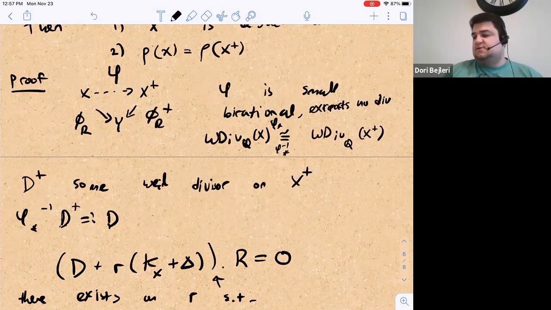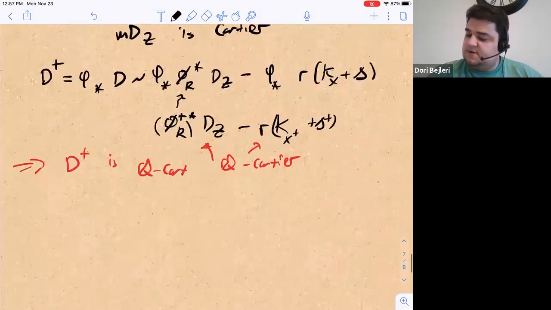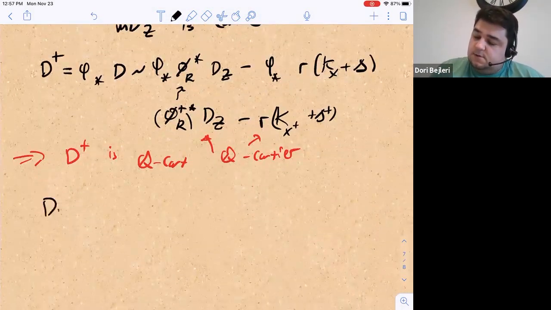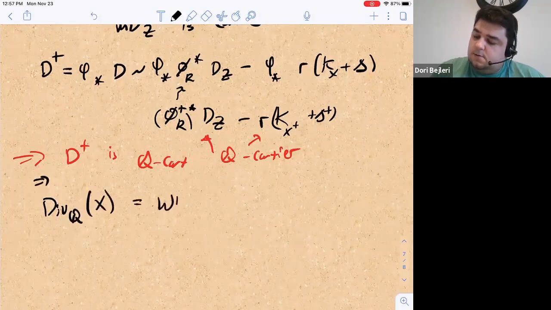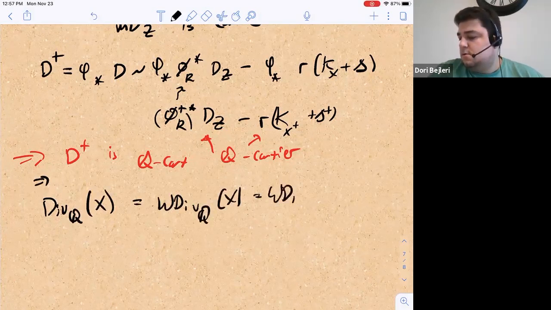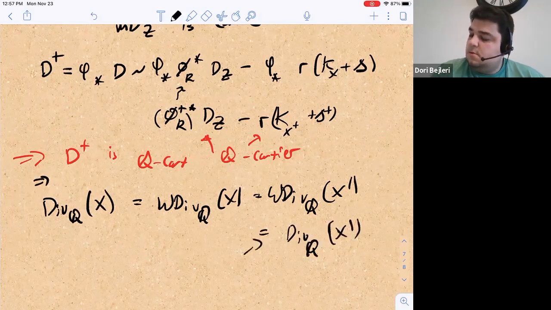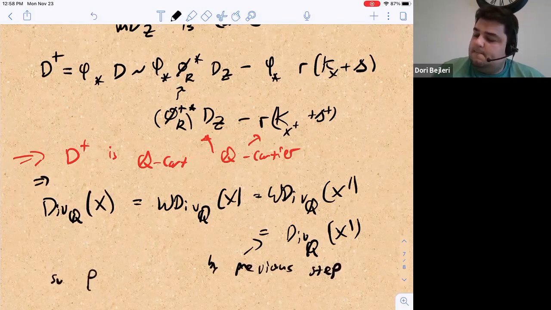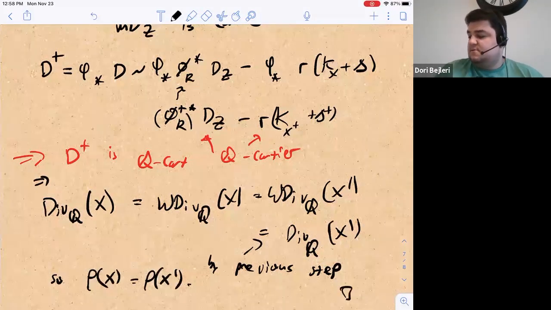So the Picard rank is the dimension of the space of Q-Cartier divisors. Okay, cool.